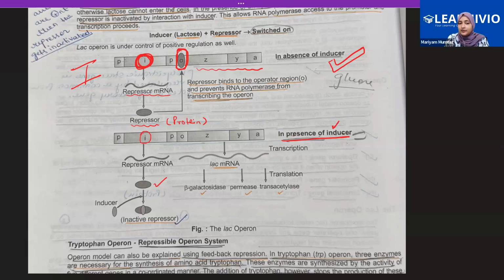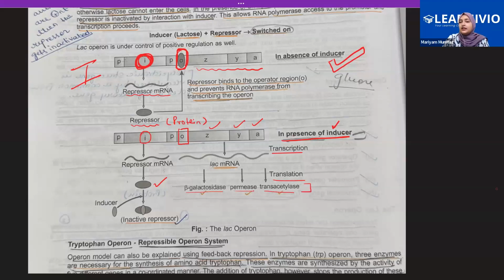So now the repressor protein has a change in shape, as a result of which it is not able to bind at the operator region. And since it is not able to bind, the RNA polymerase comes and binds, transcription happens first, then translation happens, and ultimately the galactosidase, the permease, and all three enzymes are formed.